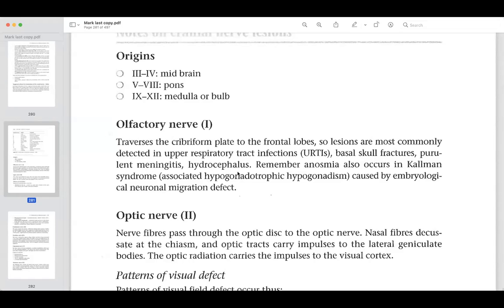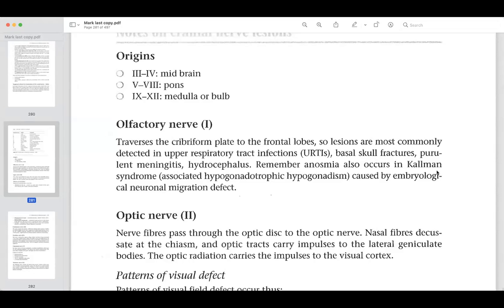Okay. Just remember this nerve. I don't know whether it comes commonly or not, but we should know. So it transverses the cribriform plate to the frontal lobes. The lesions are most commonly seen in URTI and also in basal skull fractures and meningitis and hydrocephalus.